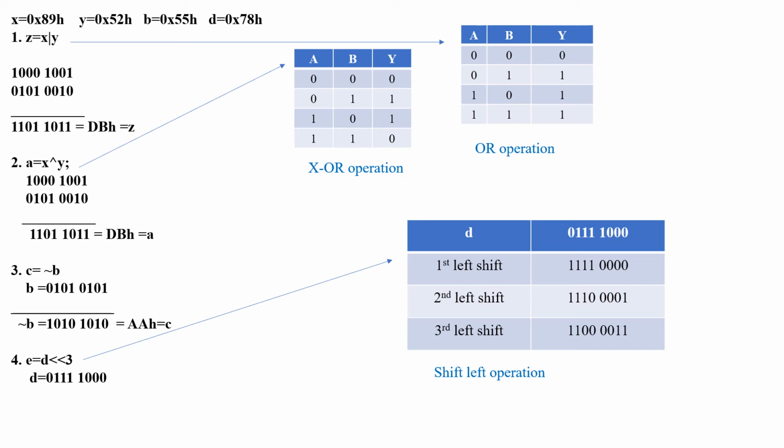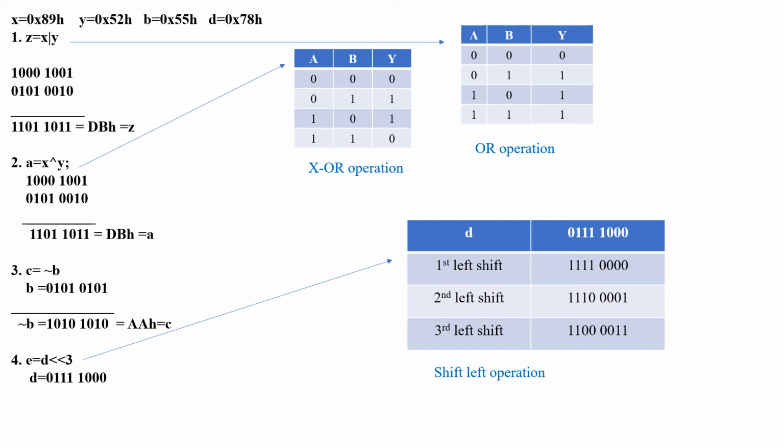Now our second operation is the XOR operation. So we are putting A is equal to X XOR with Y. Again, take the value of X from the input side, and take the value for Y from the input side. Now for XOR operation, refer to this XOR table: for 0 1 or 1 0 the value is 1, and if both variable values are 0 0, the value is 0.